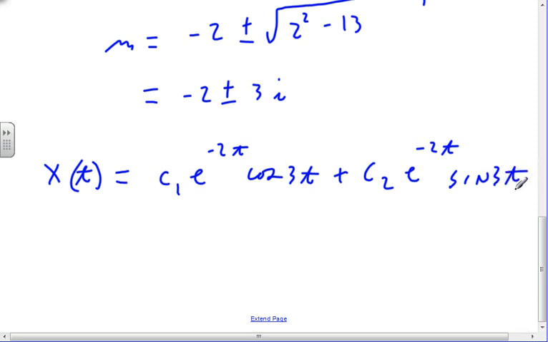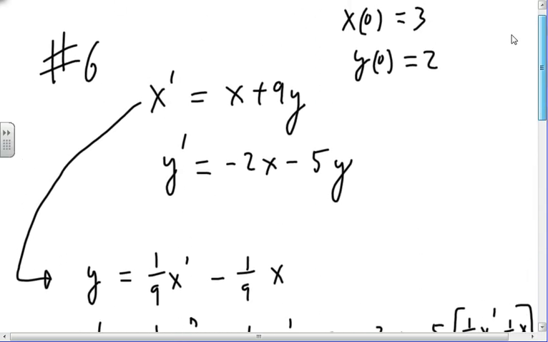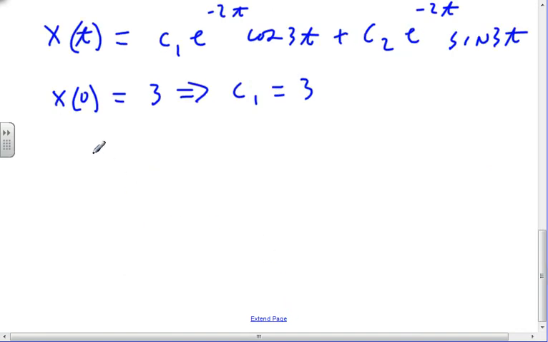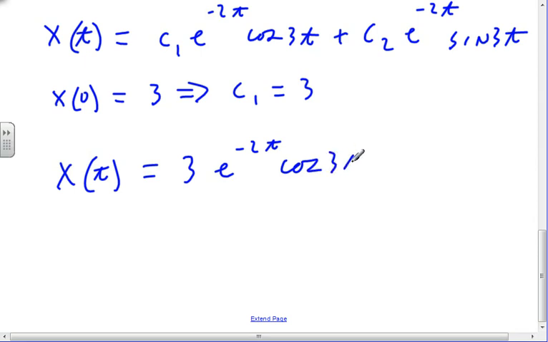Okay. x at 0 is 3, implying c1 is 3. Okay, so x of t is 3 e to the minus 2t cosine 3t plus c2 e to the minus 2t sine 3t.